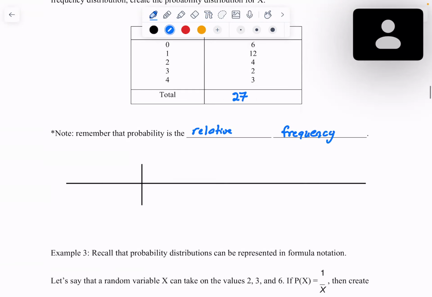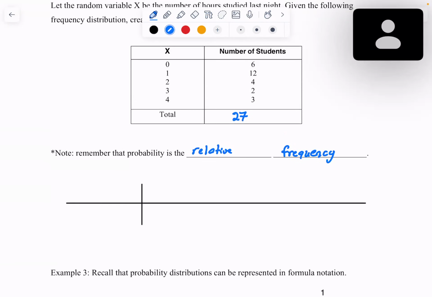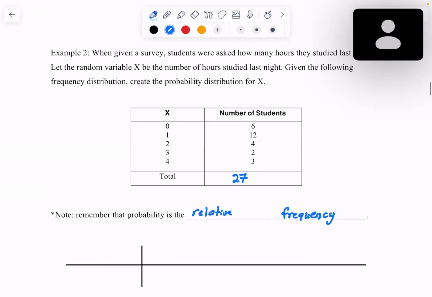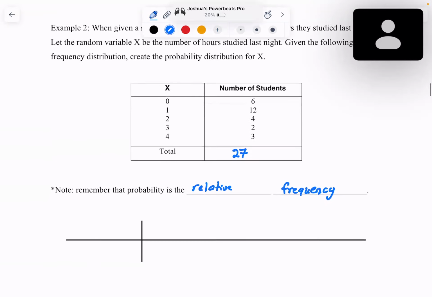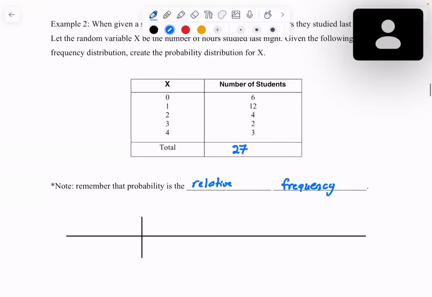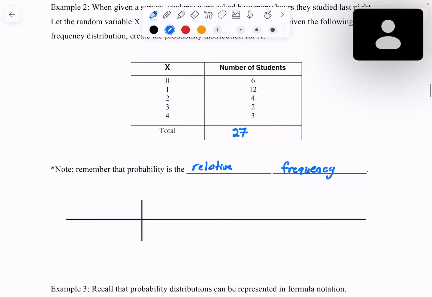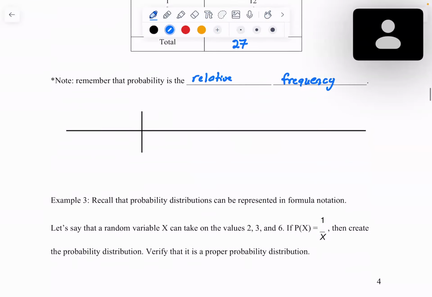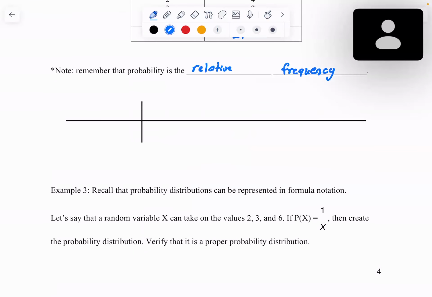So if I want to know what's the probability that I had a student sleep 0 hours last night, I'm just going to look at the number of people that slept 0 hours and divide by the total number of people. So up here, whenever we're looking at the probability distribution and creating it, the top row is the number of hours studied. And then the bottom is the probability.